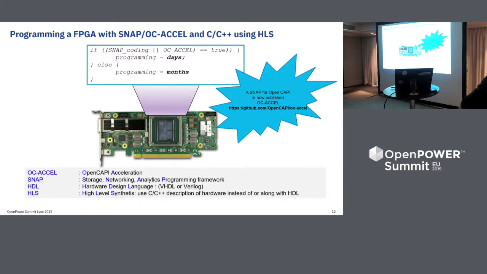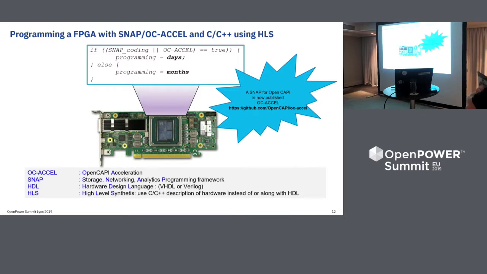Okay, so we have put different names here because in IBM we love acronyms. Nobody knows them except us. So that's good. We're able to speak together, but not with the world. HLS is high-level synthesis. It's a Xilinx tool. We have embedded it in the different SNAP or OCXL framework.